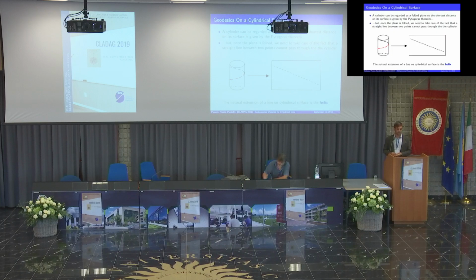The problem is that we have to take into account the fact that a straight line between 2 points, every time we use such data, cannot pass through the cylinder. So we should have something that lies inside the cylinder. So the natural extension of a line on the cylindrical surface actually becomes a helix.